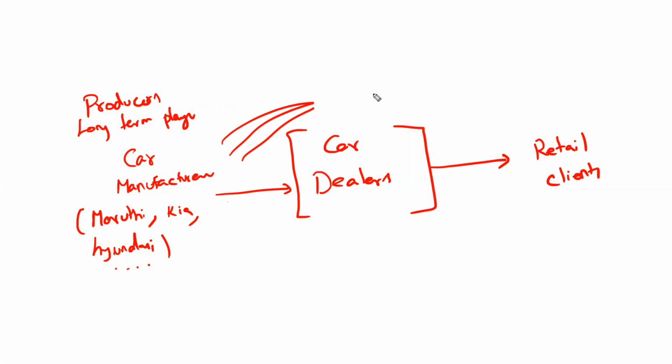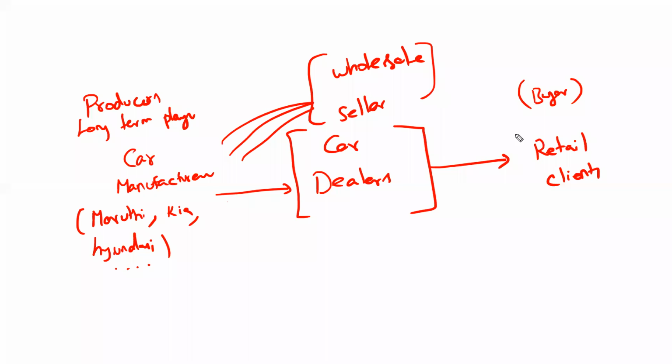They sell it to the retail. Retail traders come and visit the car dealers, and here the dealer is the wholesale seller, and the retail trader is always going to be a buyer. So they acquire in large scale and sell to individual retail customers.